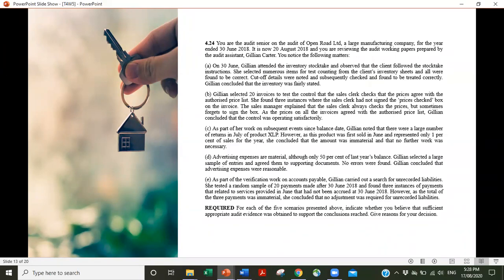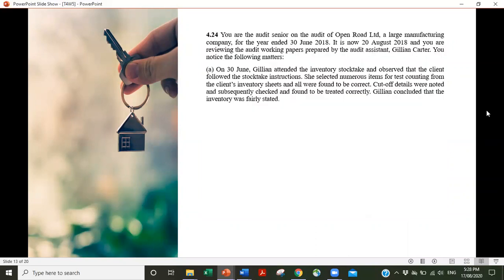Basically what we want you to do is, for each of the scenarios, see whether you think for each individual one there is sufficient appropriate audit evidence. What we've tried to do in this one is give you a little taste across each of the topics that we covered last week.